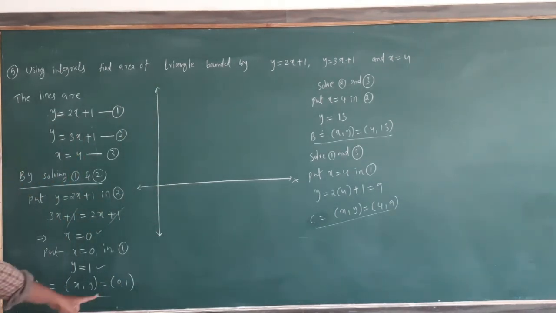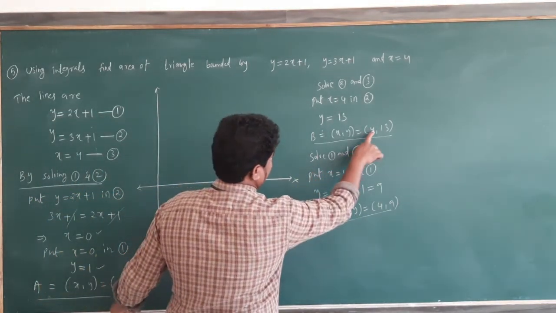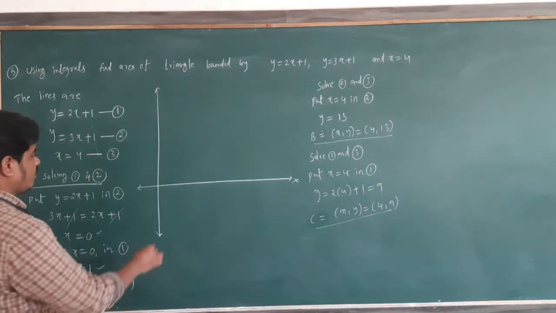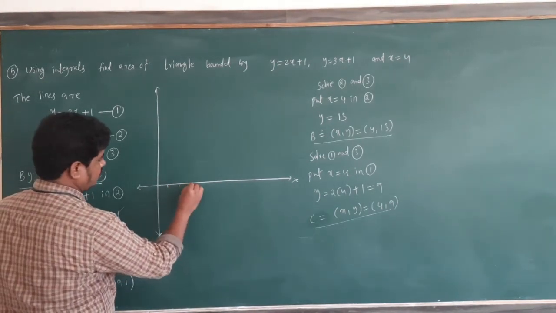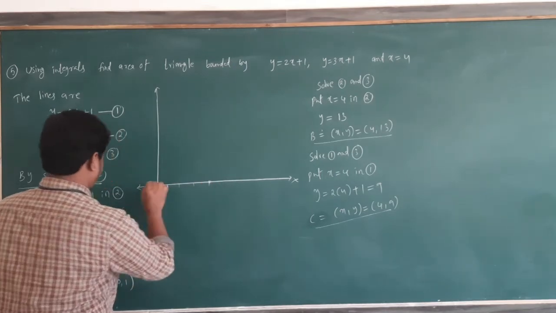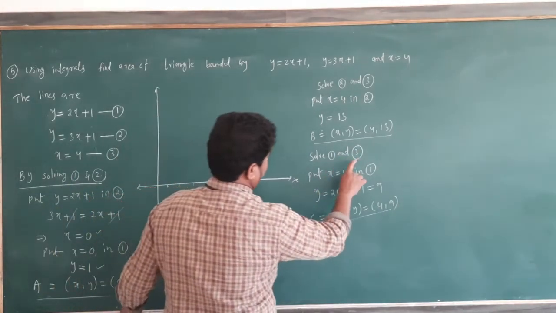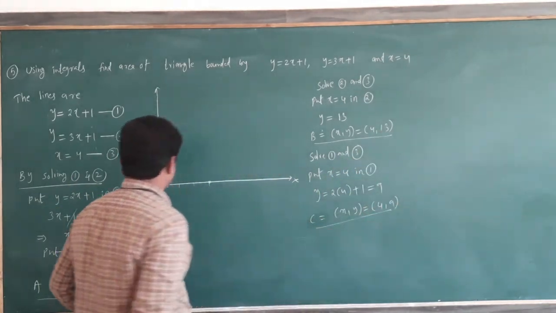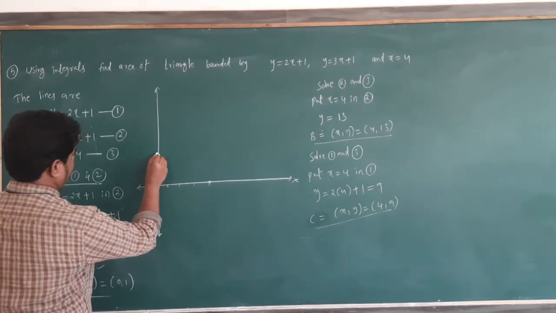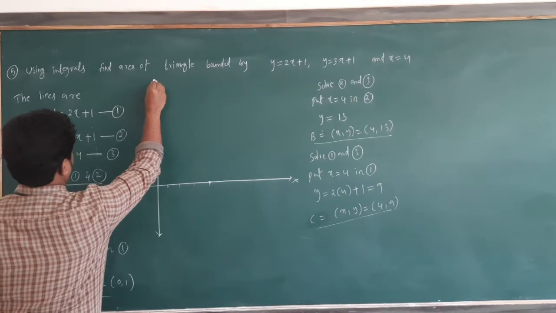On the x-axis, the minimum value is 0 and the maximum value is 4, so you can take 1, 2, 3, 4. On the y-axis, the values are 1, 13 and 9. So the maximum value is 13. So 1, 2, 3, up to 13.